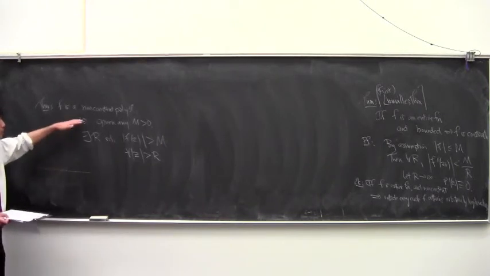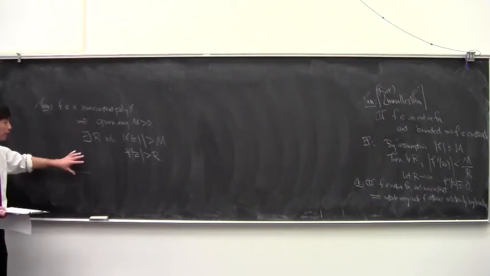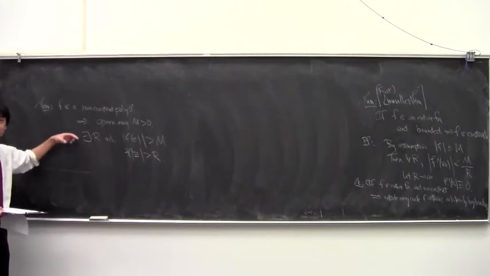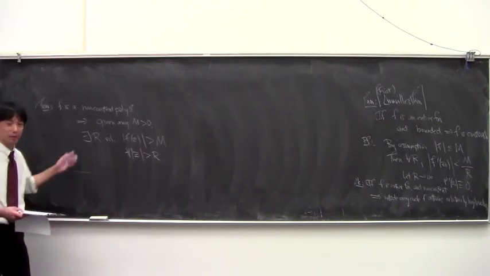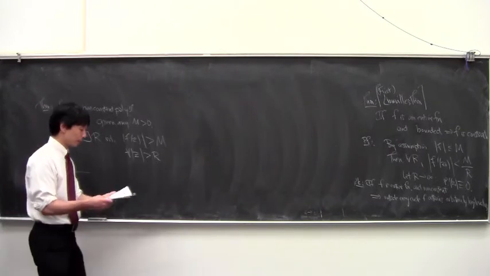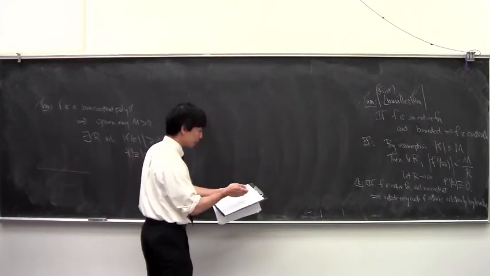That's just because a non-constant polynomial heads off towards infinity as the absolute value of z heads off towards infinity. I'm not going to prove that; if you want to see it, it's in the notes.